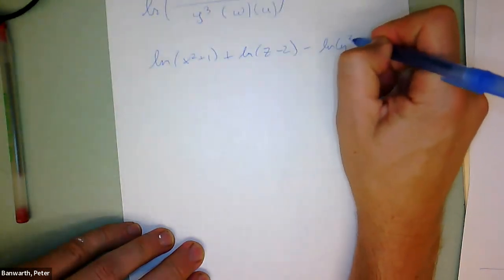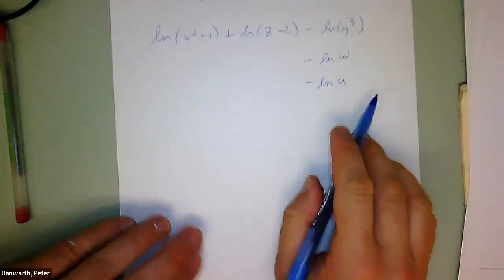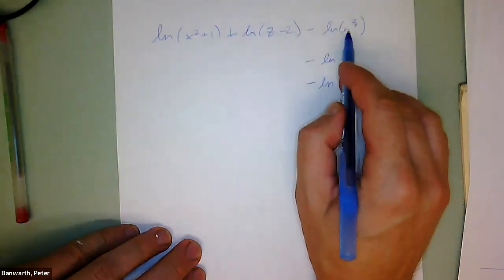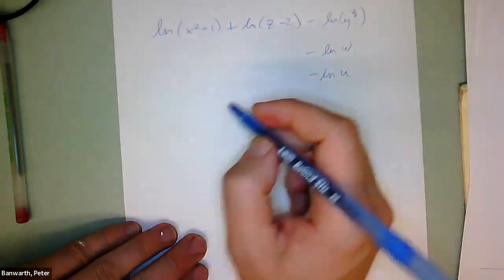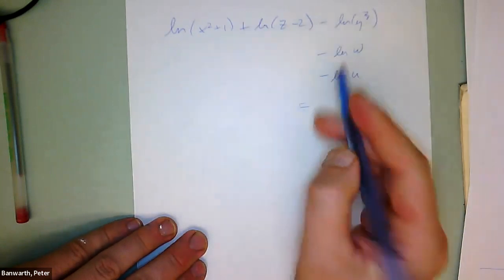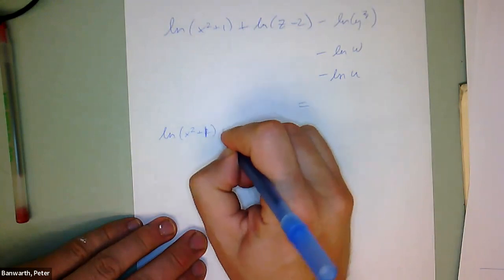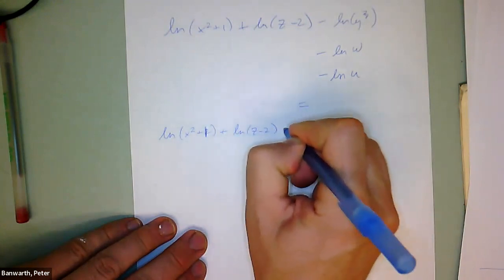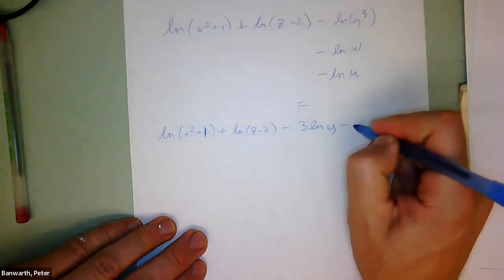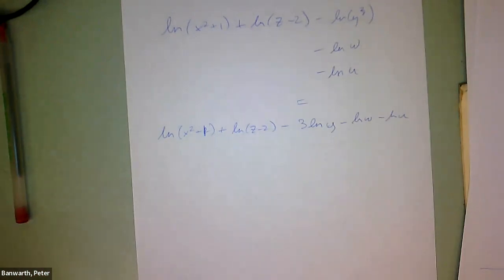Log of y cubed minus log of w minus log of u. And then look a little bit farther and say, oh, that's something to a power. But if I have an x squared plus 1, logs can't split addition or subtraction. So those stay as they are. And then that, I can pull that power out because the y is by itself. And it looks like this. So you should be able to do that.